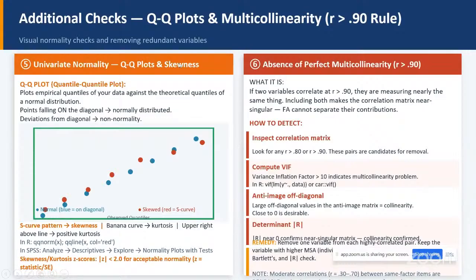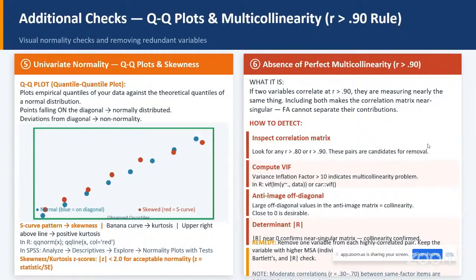Then for normality we can use the QQ plot, and for the multicollinearity check, we look for absence of perfect multicollinearity. How to detect it? First we inspect the correlation matrix: if R is greater than 0.8 or greater than 0.9, then the pairs can be removed, because we can suspect there is multicollinearity.